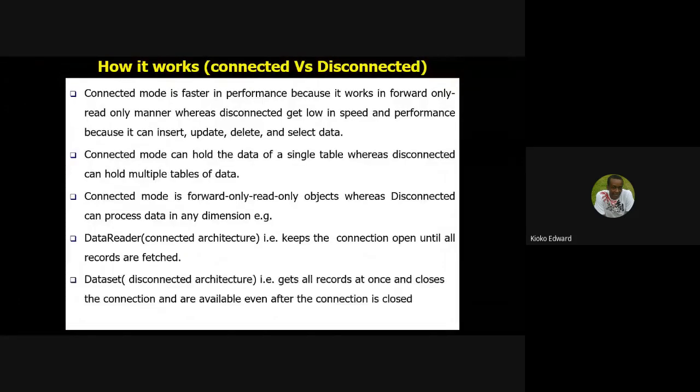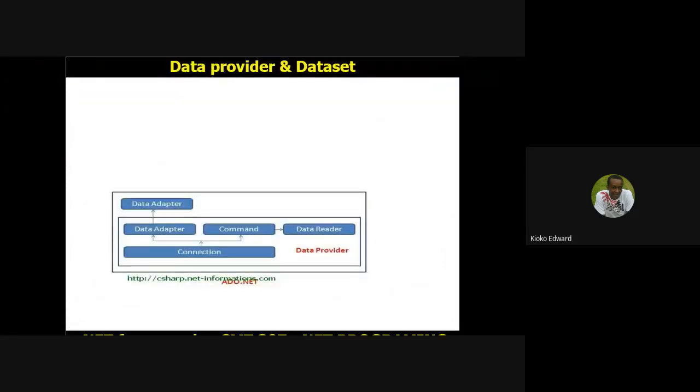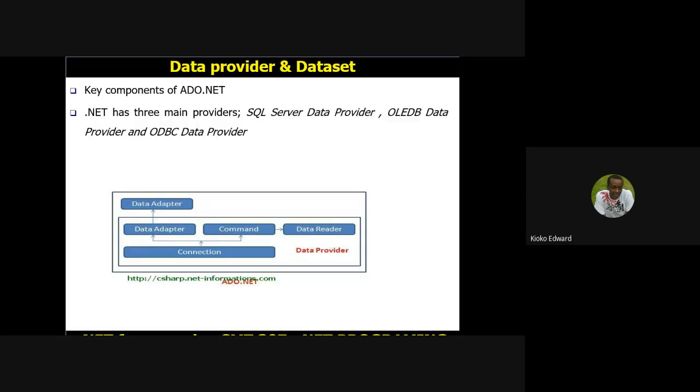So we move on to the data provider and the data set. These two are the most key components in the ADO.NET framework. We have three major providers, although I'm not ruling out that we can have another provider.